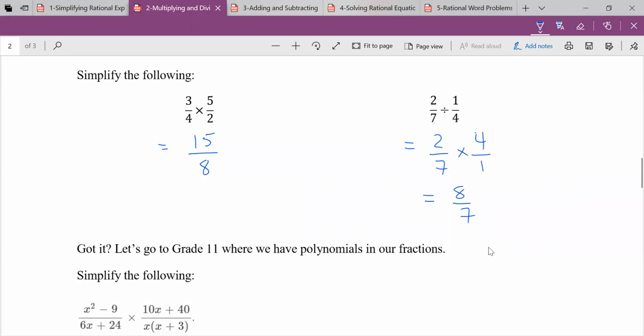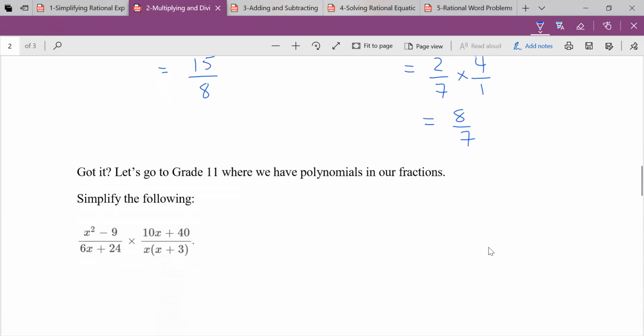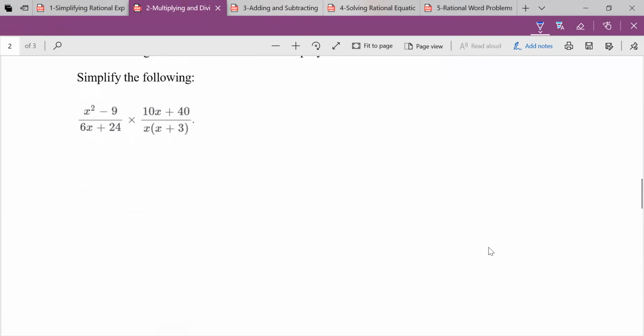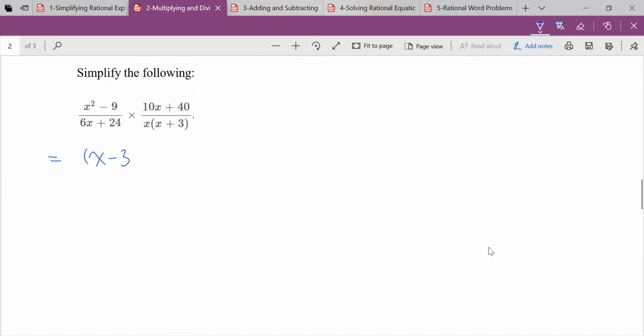That wasn't so bad. We're going to do the same thing here in grade 11. The only thing that's going to make it more difficult is we've got these polynomials flying around. No biggie. Our steps are almost the same as what we did in the first lesson. Step one: let's factor everything we can. Make sure you're giving me equal signs down the page, because you're showing me that these things are equivalent.